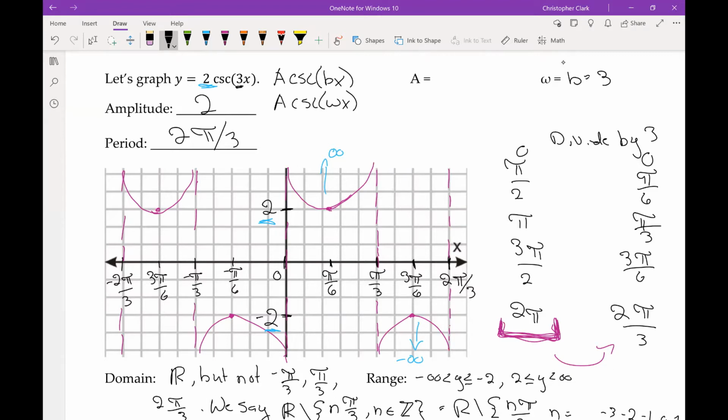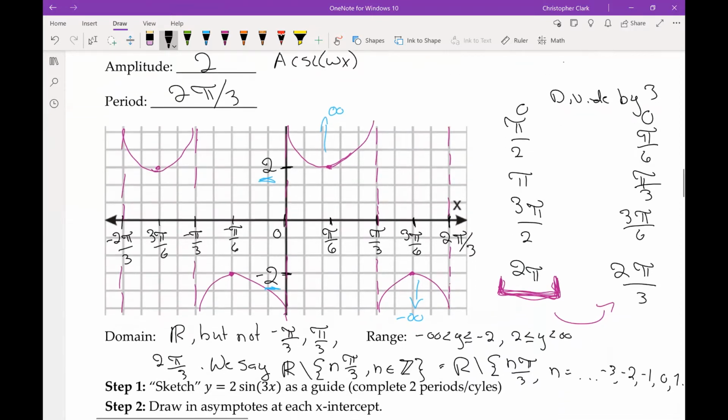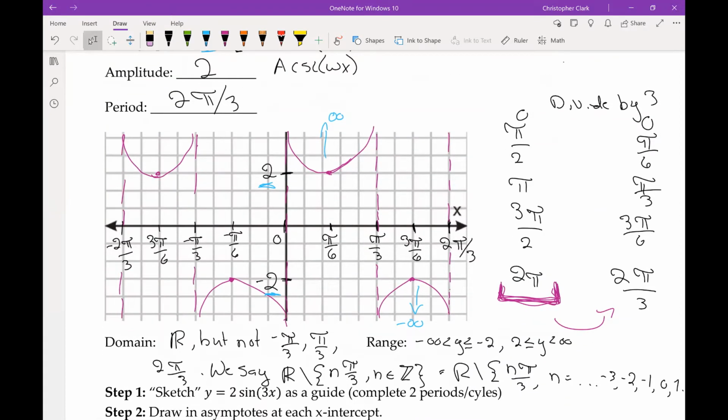In this case, our a is 2, same as it was last time, and our amplitude is the absolute value of a, which is just 2. Now we grabbed our main points, 0, pi over 2, so on and so forth. We divided everything by 3, and that's how we created our asymptotes, and then we graphed it.